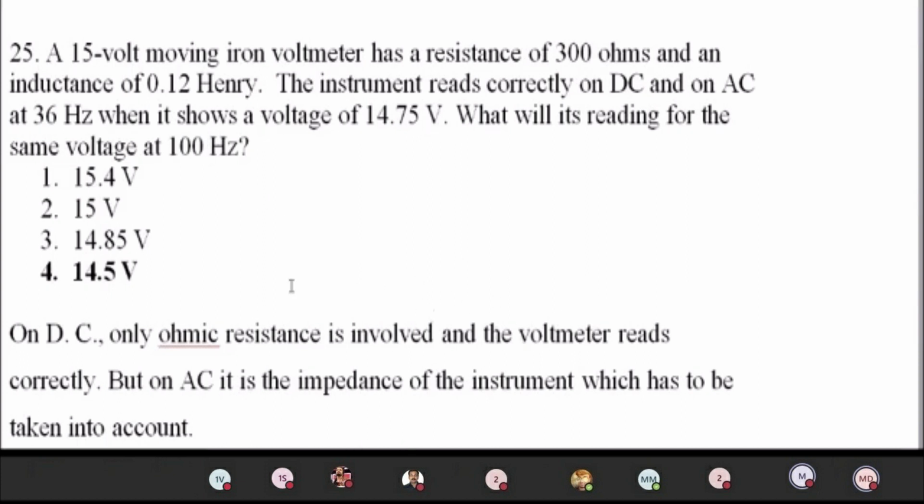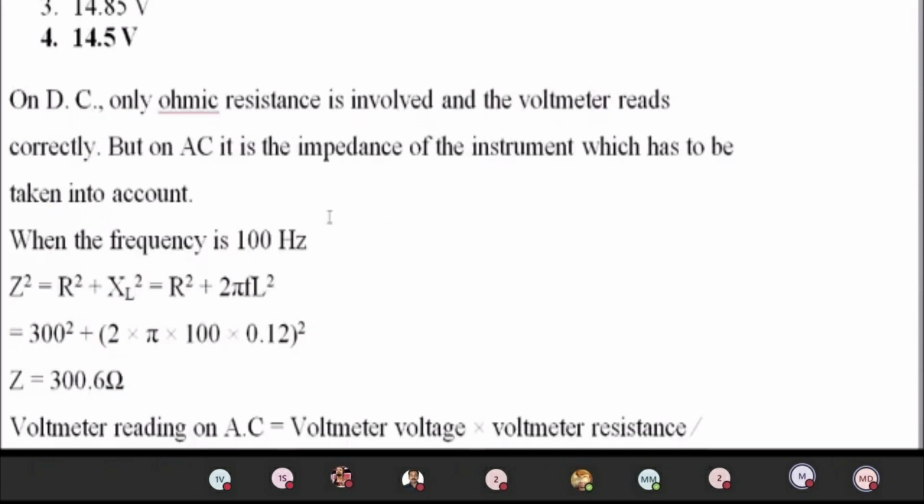Okay, we can see how to solve it. What are they given? 15 volt is given, 300 ohms as resistance, inductance is given, and frequency is given. So at 36 Hz frequency in AC, the voltage is 14.75. If it is AC, we have to bring the impedance inside. As per the formula, Z square is equal to R square plus XL square.